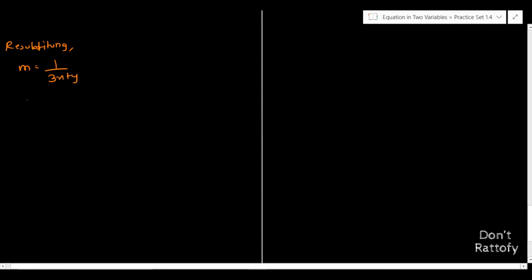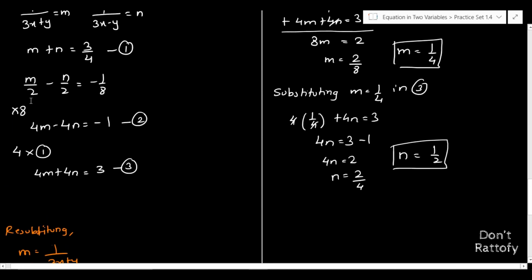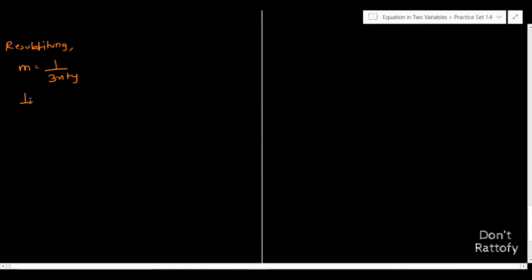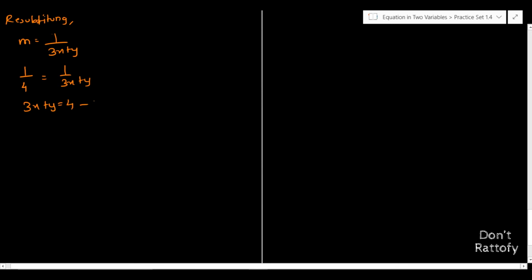I have the value of m as 1 upon 4, so 1 upon 4 is equal to 1 upon 3x plus y. We'll just flip it by inverting, and I'll get 3x plus y is equal to 4. This is my fourth equation.